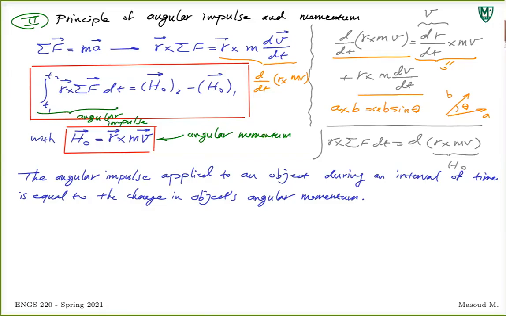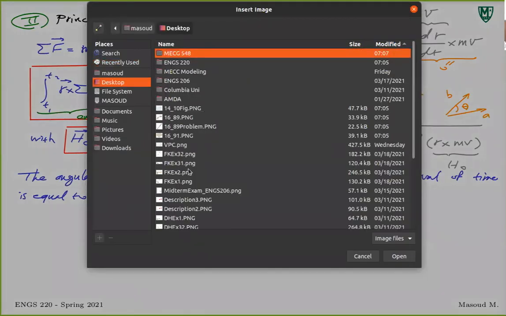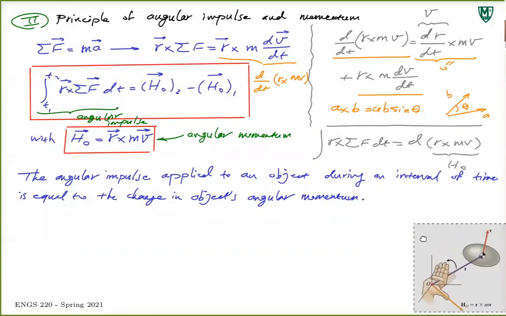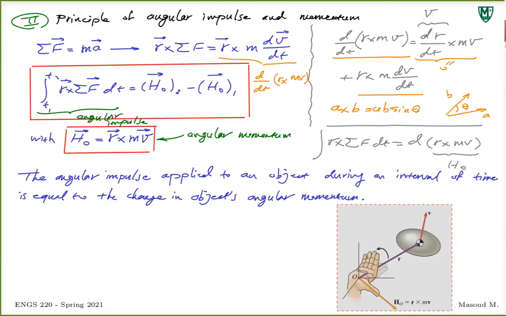For r cross mv, you align your four fingers with the first vector r, pointing to where the object you're studying is, and then v would be... let me bring the picture here. Actually, I specifically put this aside to make sure the points get crossed. There you go. That is better than whatever I tried to explain.